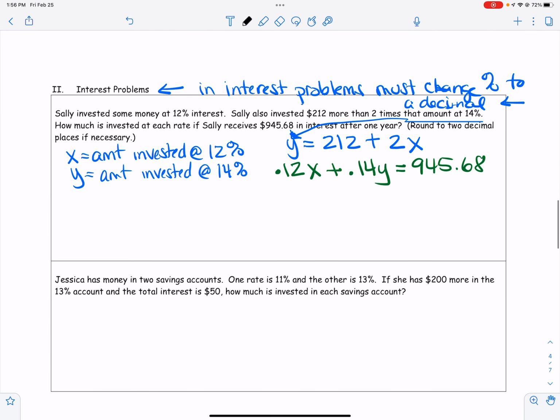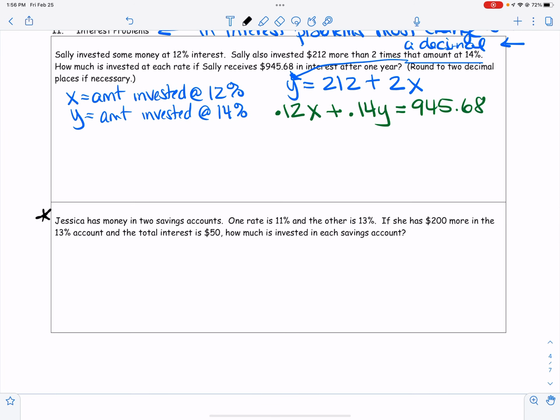Now, we left off with this last one, but this one is more like the typical ones that you'll see, where the wording is a little bit better in these examples. In this example, we have two accounts. One is an 11% account.